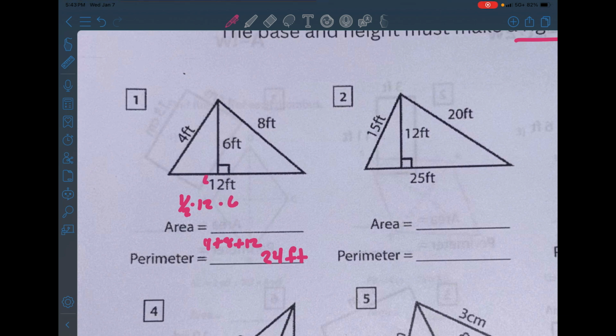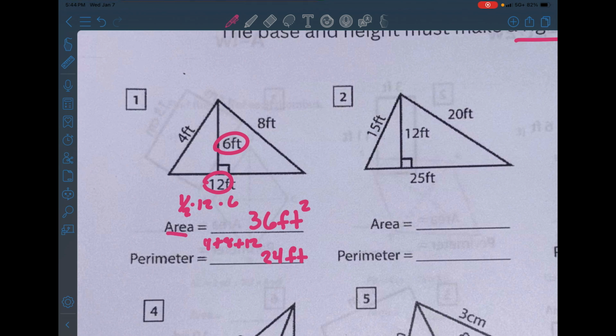So these are the base and height. If you do this on the calculator, just put 0.5 times 12 times 6. Or you can do, hey, what's half of 12? Sometimes it's easy to do in your head. What's half of 12? That's 6. 6 times 6 is 36. So whether you put it in the calculator or you just kind of piece it up like that, that's fine. And we have to put a square on our units for our area.